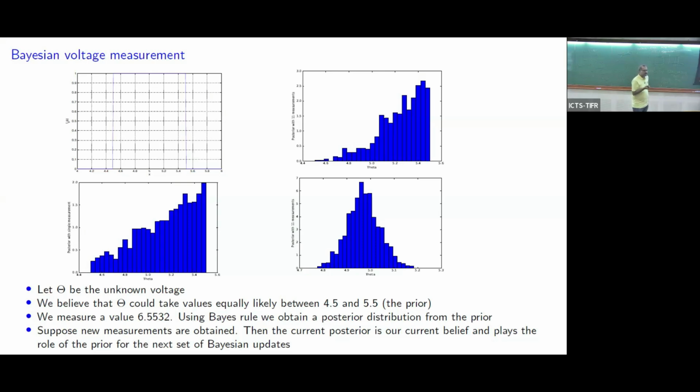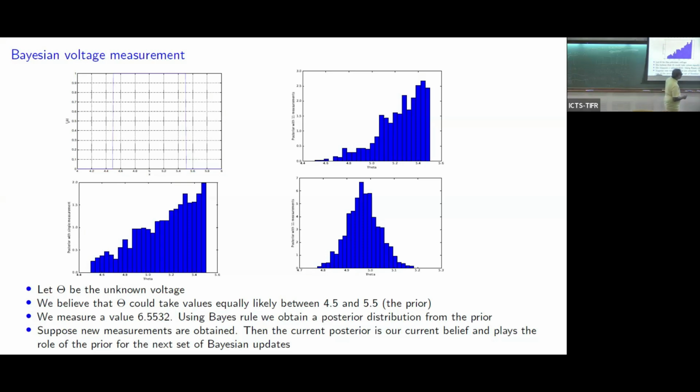Or I can look at the value of voltage that has the maximum probability, or maximum belief. That is also an estimate I can give, but I have to specify what it is. It's the max belief value. That is another way.